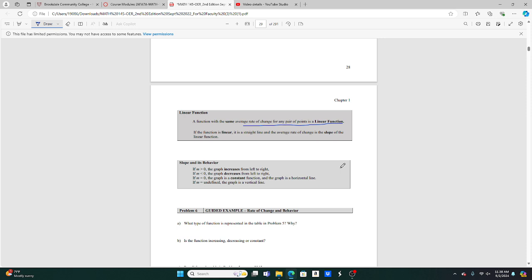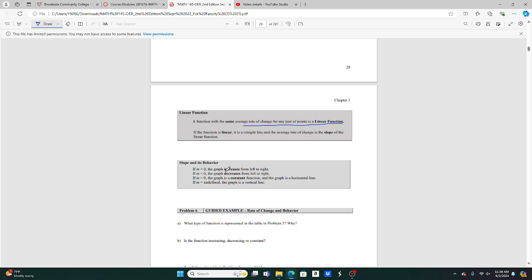It should be a regular line, a straight line. All lines are straight, but the slope is going to remain constant. And it's difficult to tell on a table if the input is changing. But if the input changes by a constant amount each time, it's pretty easy for us to tell whether or not it's a linear function, as I showed you above.